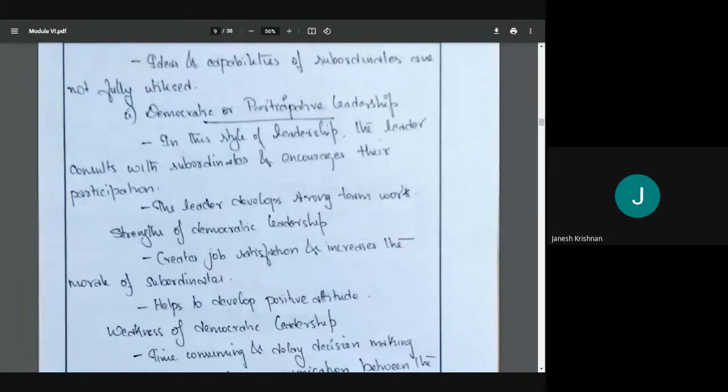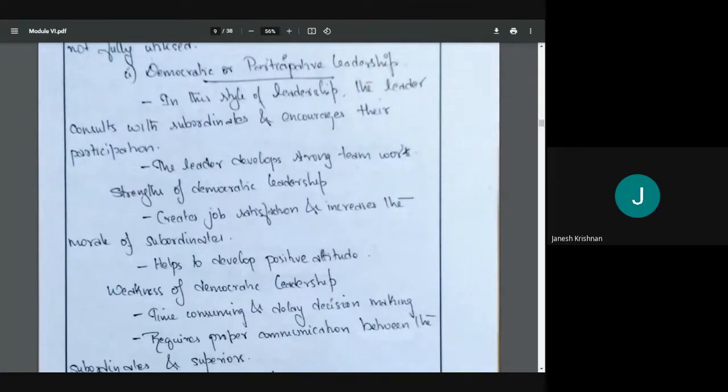Okay. The next approach is democratic, democratic or participative leadership. In this style of leadership, the leader consults with the subordinates and encourages the participation, right? See, we know other countries, like autocratic countries, are there. Ours is a democratic country. So we have a role in the election of the government.